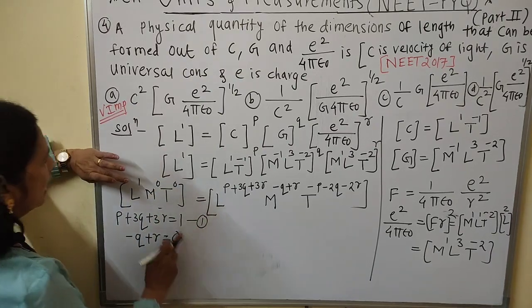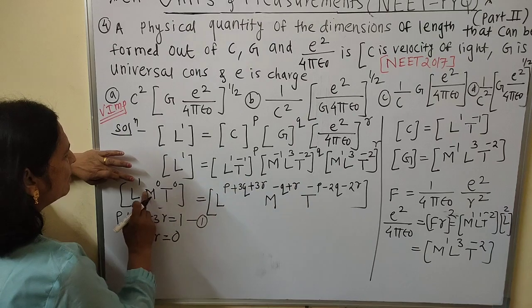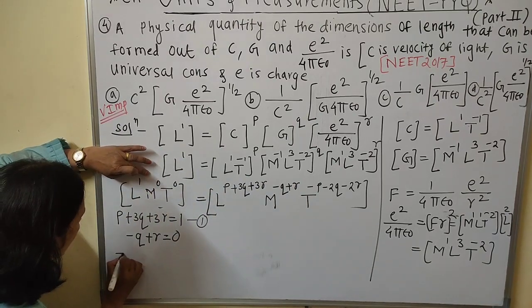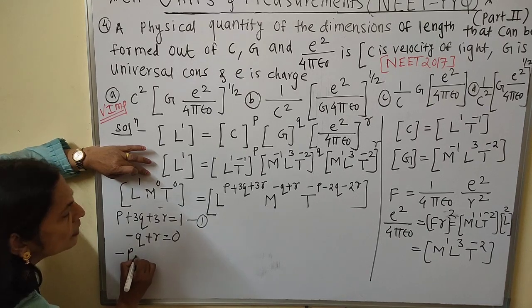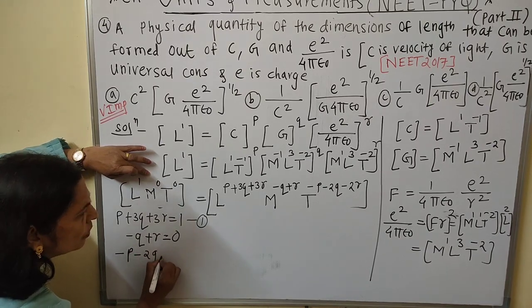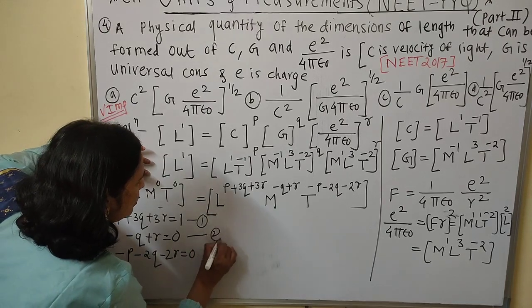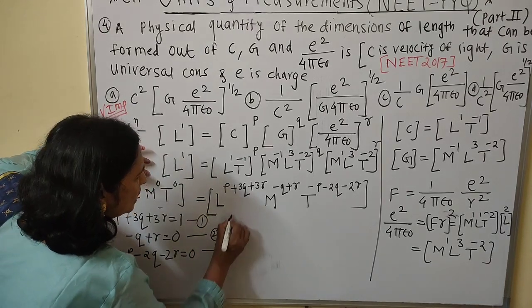Comparing these two powers, that is 0. Then minus P minus 2Q minus 2R is equal to 0. This is equation number 2 and this is equation number 3.